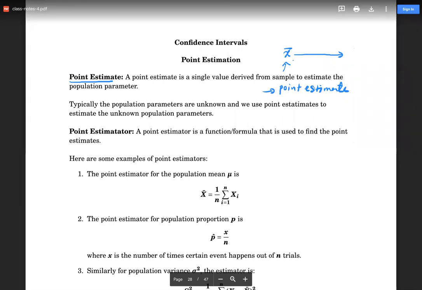I'm not going to write it. Population parameter. What is the population parameter for average, population average? At the very beginning of the semester, I talked about it. Then I talked about it in the middle. Now we are coming to the second half of the semester. What do you think? What is the population parameter symbol for population mean? X bar and what is it?